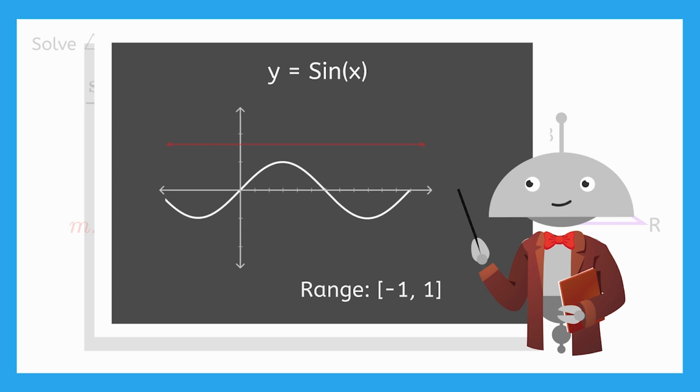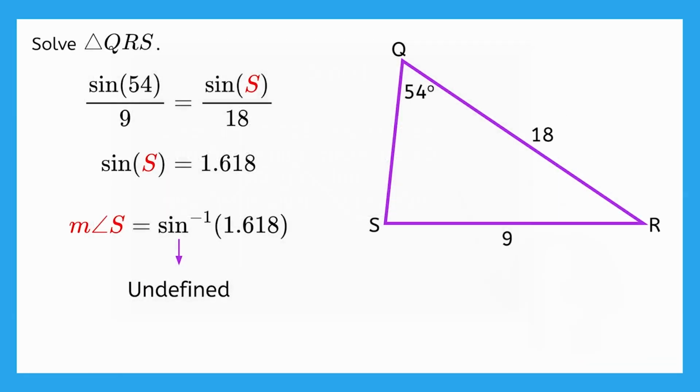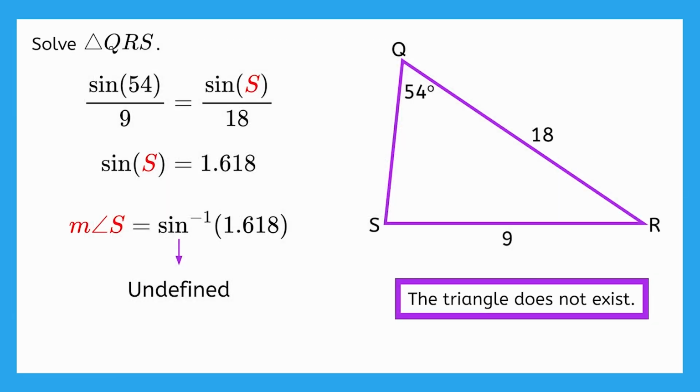That means 1.618 is outside the range of the sine function. Since the inverse sine of 1.618 results in an undefined value, there are no triangles that satisfy the given information. So our answer is no triangle, or the triangle does not exist.